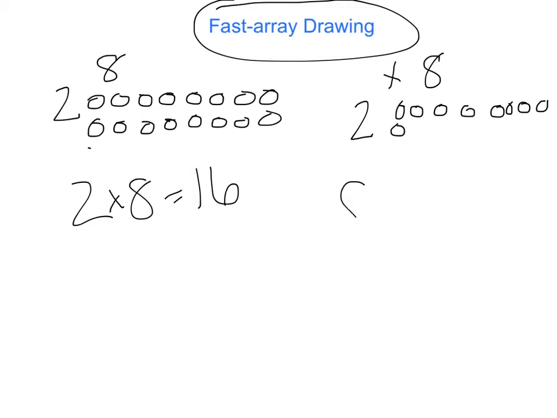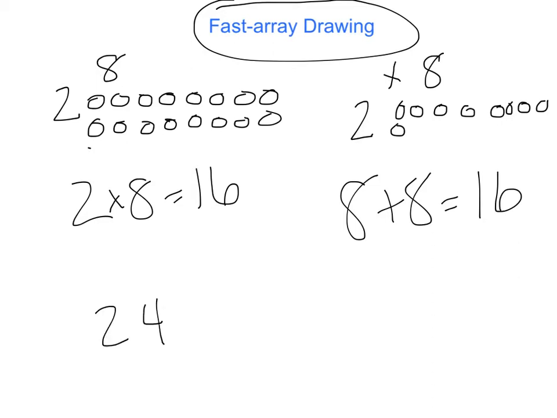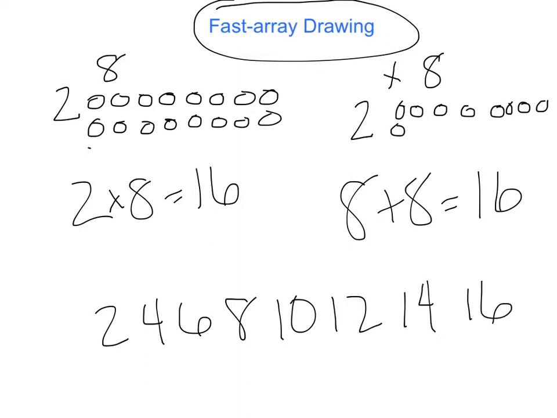And I could either just do 8 plus 8, or hopefully that's one of the problems that you know. The 2s are really easy because you can just do 2, 4, 6, 8, 10, 12, 14, 16, and that's 8 groups. So I hope that helped you a little bit.